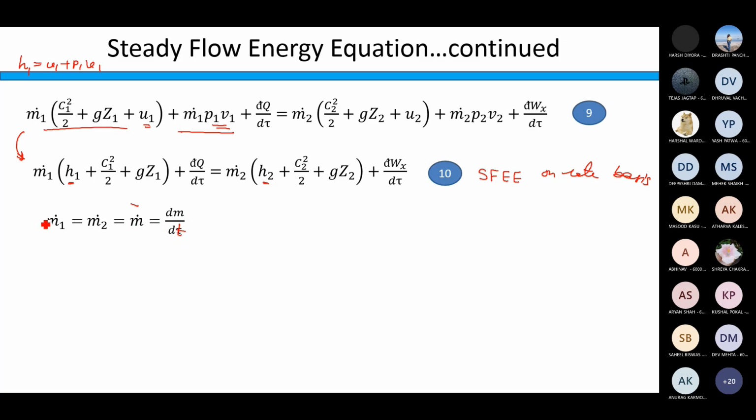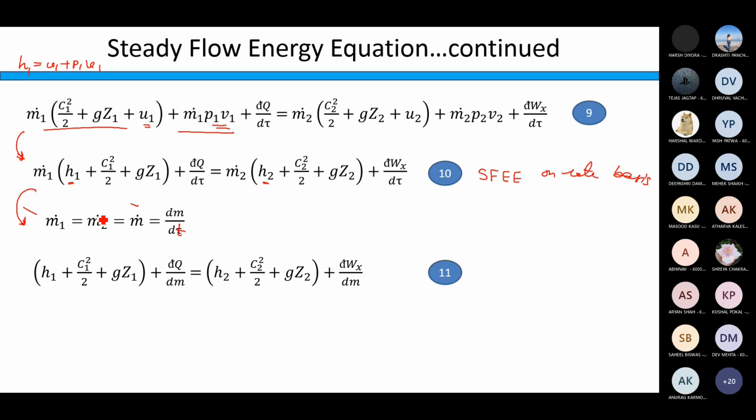So in such a situation where you have only one inlet and one exit, this equation can be further simplified and written in terms of per unit mass basis rather than per unit time basis. So you can modify this equation. What you have to do is simply divide this expression by the mass flow rate, dm by dt, or m dot.